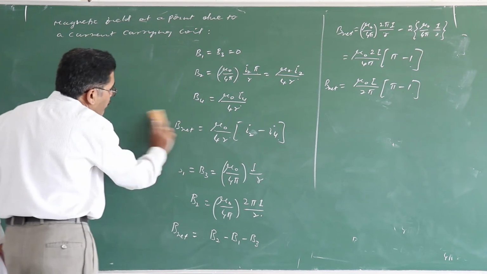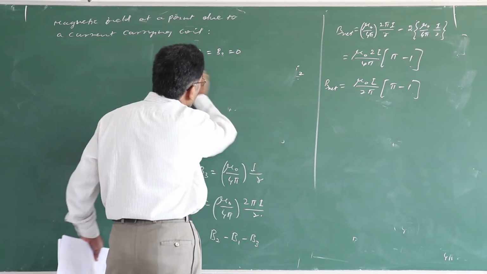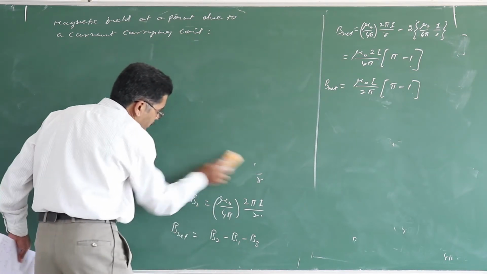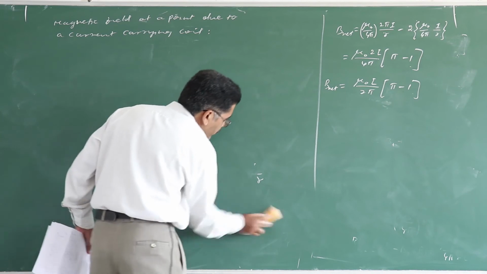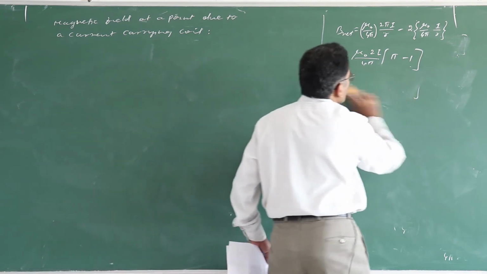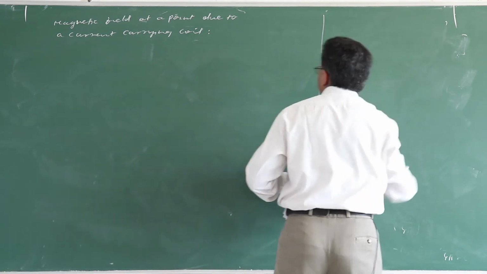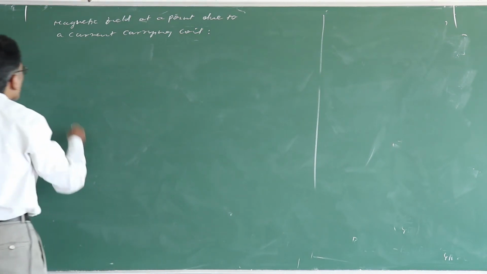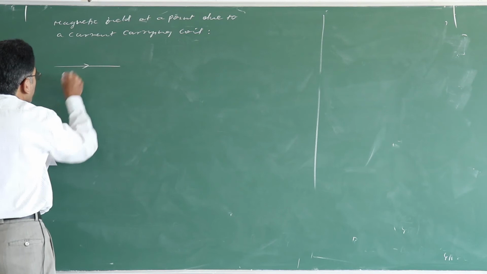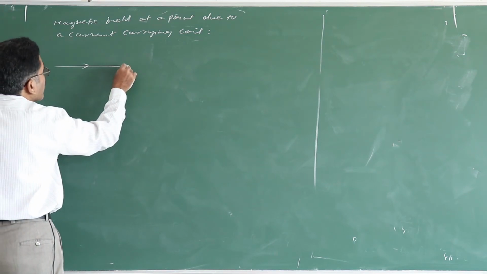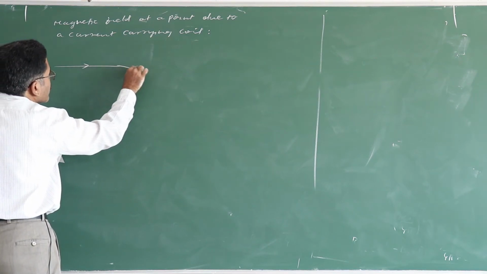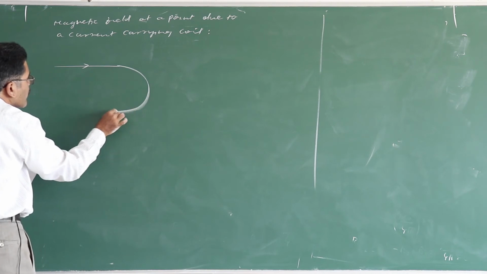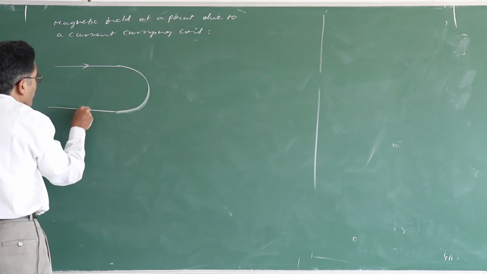Usually there will be one problem in entrance examination of this type. Using Biot-Savart's law, we can find net magnetic field. Suppose we have a situation like this, current is flowing like this and coming out.